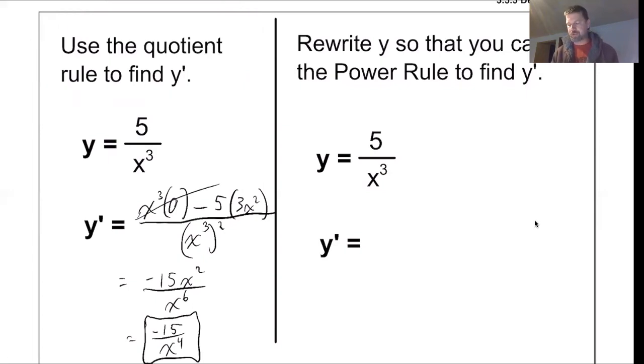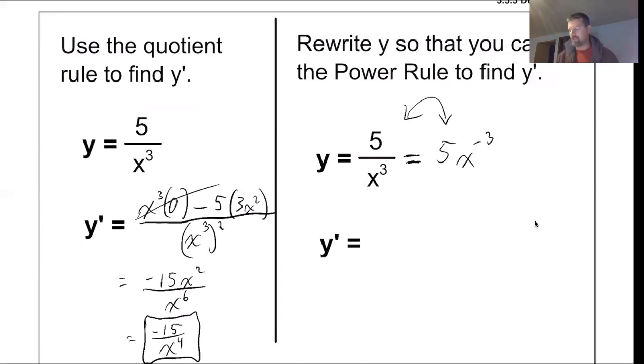However, if I were actually doing this problem, I probably wouldn't use the quotient rule in this particular case. That's because I know my exponential rules really well. I know if I've got something like 5 over x to the 3rd, I can rewrite that as 5 times x to the negative 3rd, right? These are equivalent, remembering your rules for negative exponents.